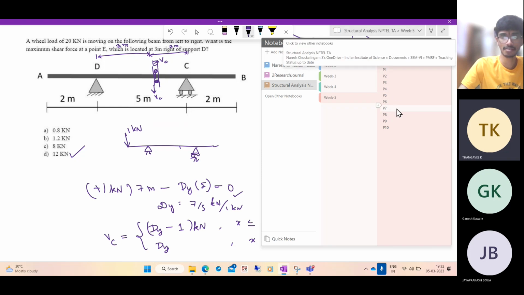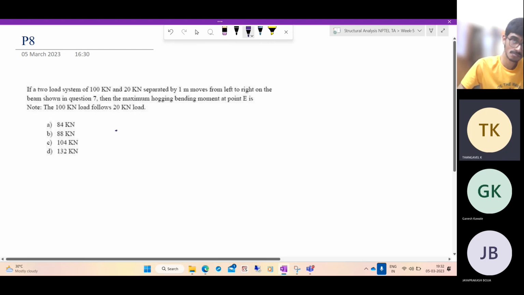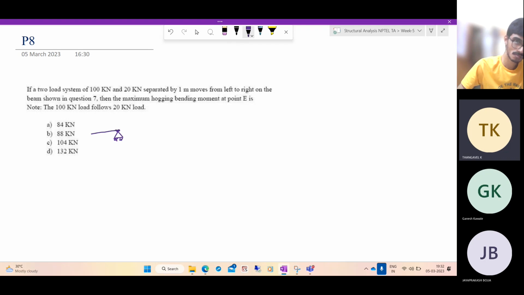Let me redraw the figure. So we have this is 2 meters, this is 2 meters. Between we have 5 meters.